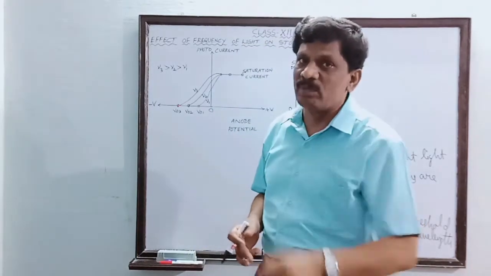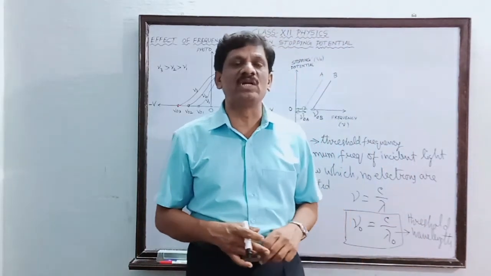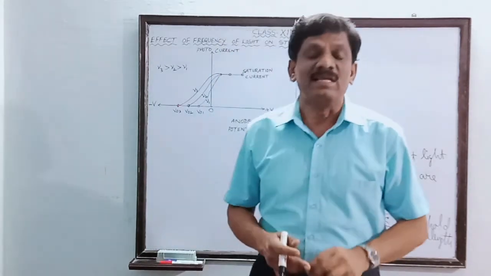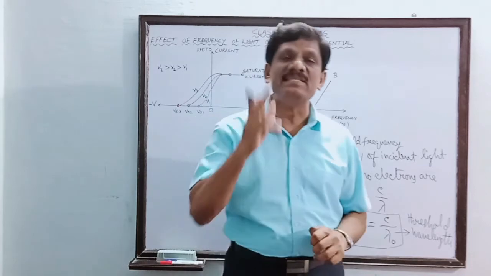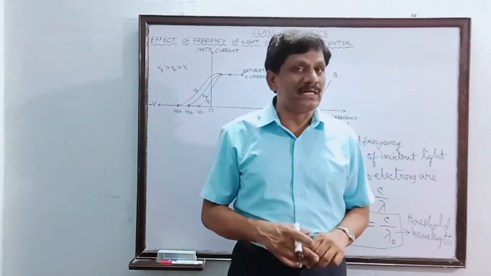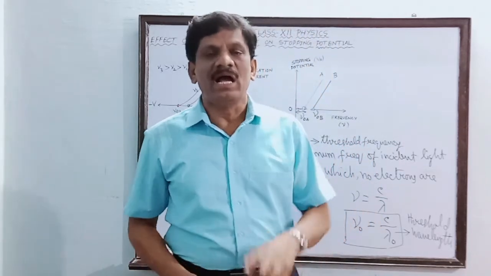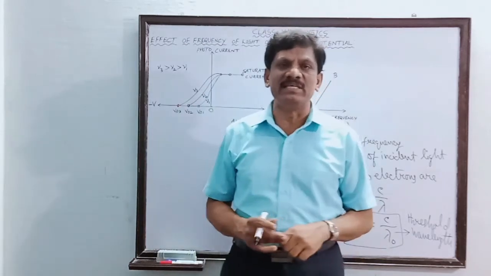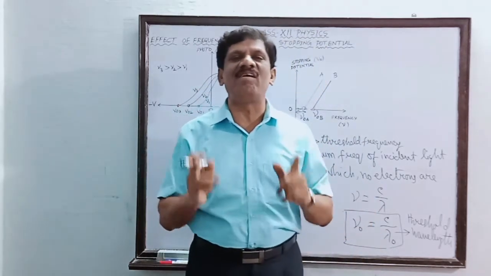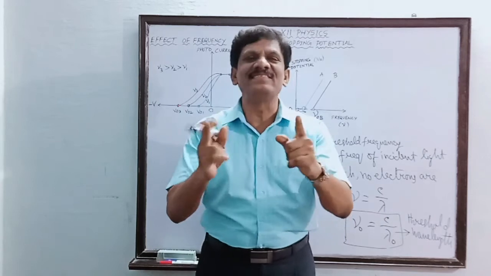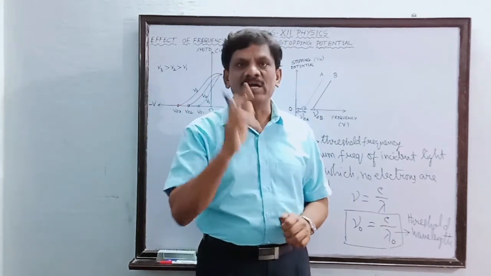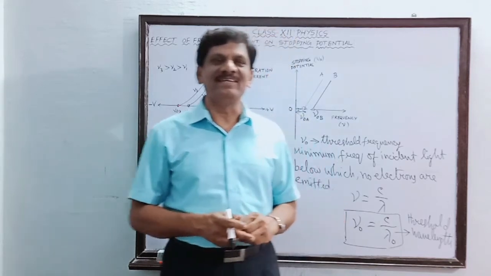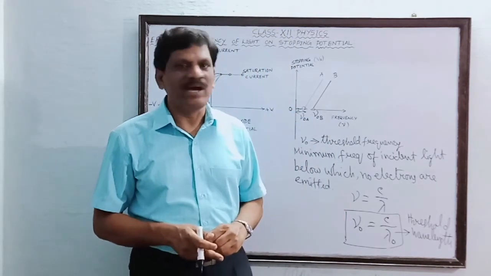So the stopping potential is proportional to the incident frequency. The maximum kinetic energy is also proportional to the incident frequency. But the stopping potential and maximum kinetic energy are independent of the intensity. They don't depend on the intensity, but only on the frequency. Understand, my dear students? Have you understood?